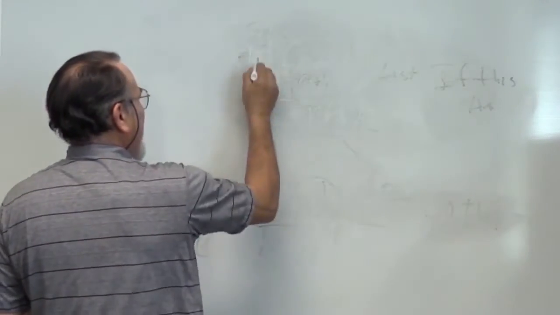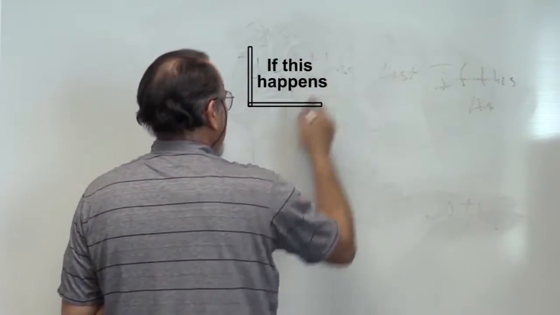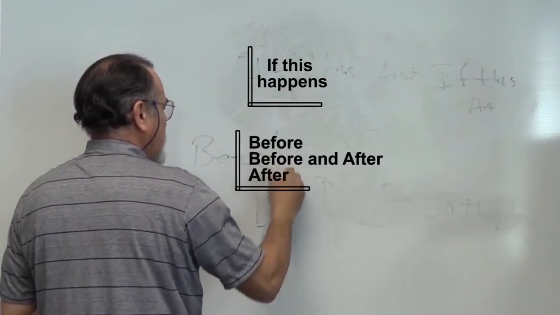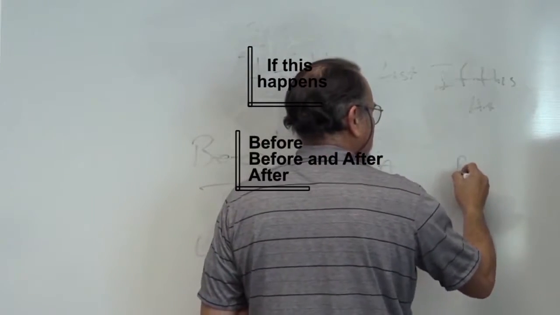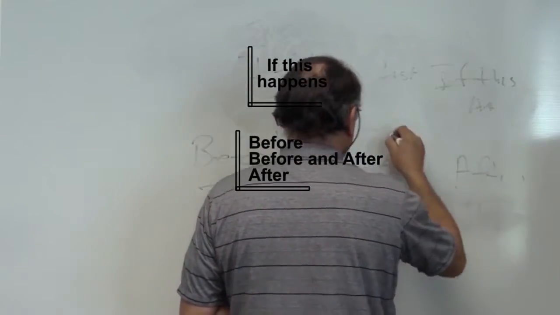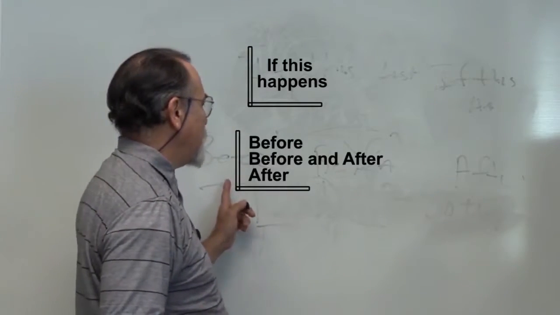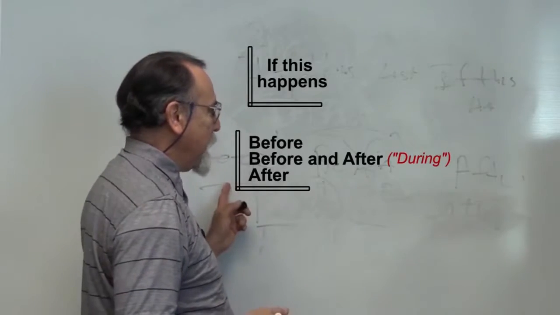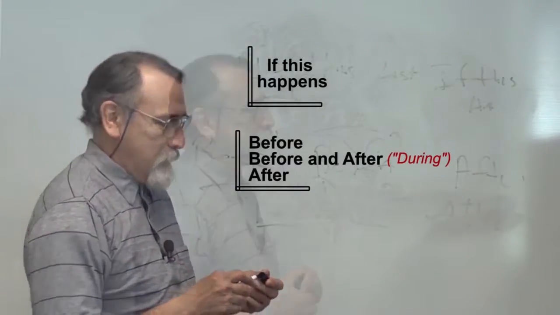You can do it before, during, and after. I guess the easiest way to say it is before, during, and after: you have before activity, during activity, and after activity that you can use.